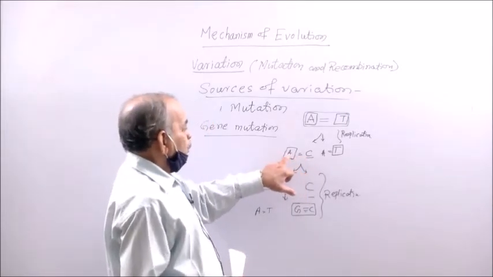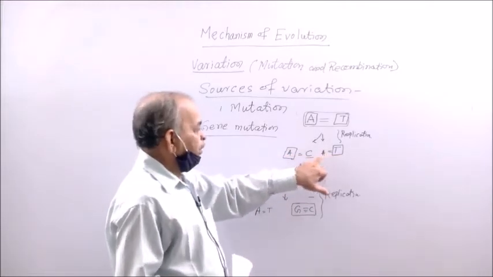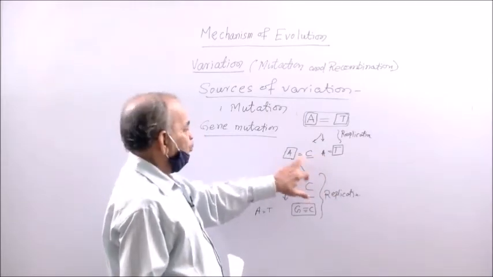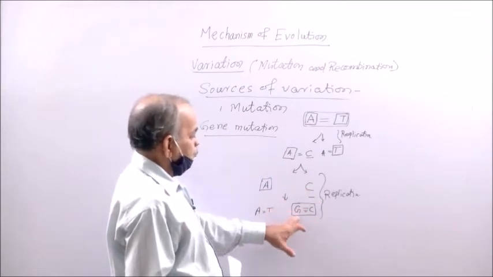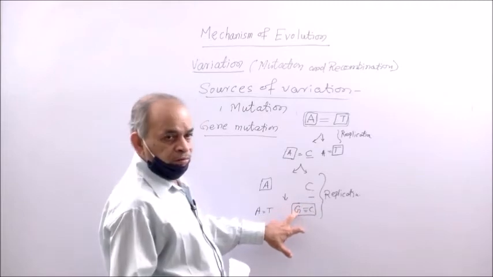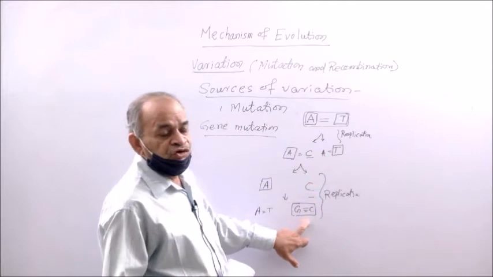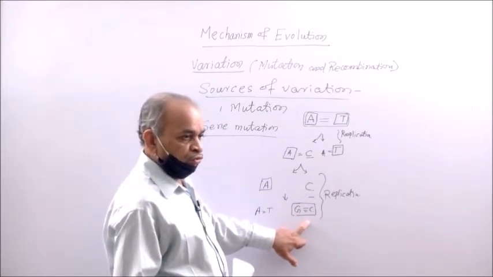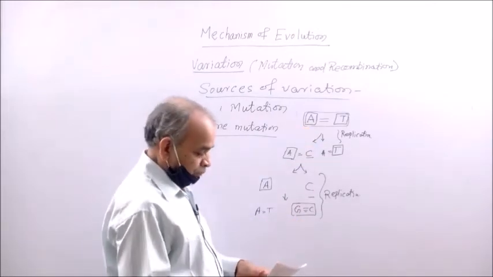So here A must pair with T and T with A, but here instead of T it pairs with C. Then again replication occurs, both are separated and new nucleotides are added. So C now combines normally with G. So you can see AT is replaced by GC. It is a substitution mutation. So AT becomes GC.